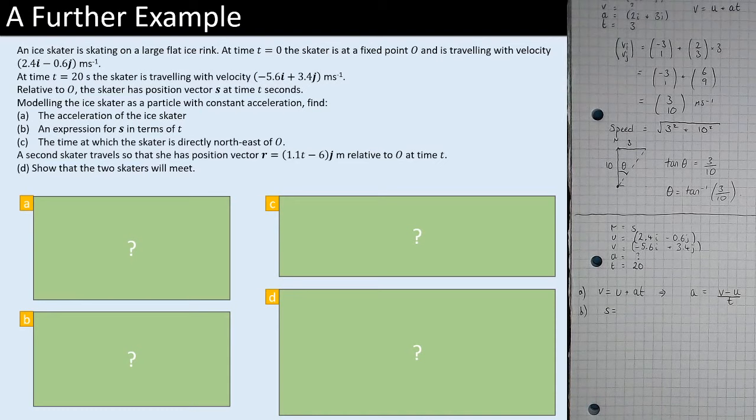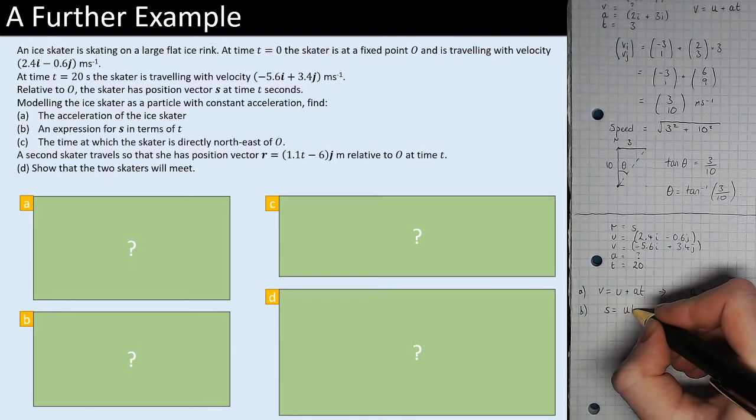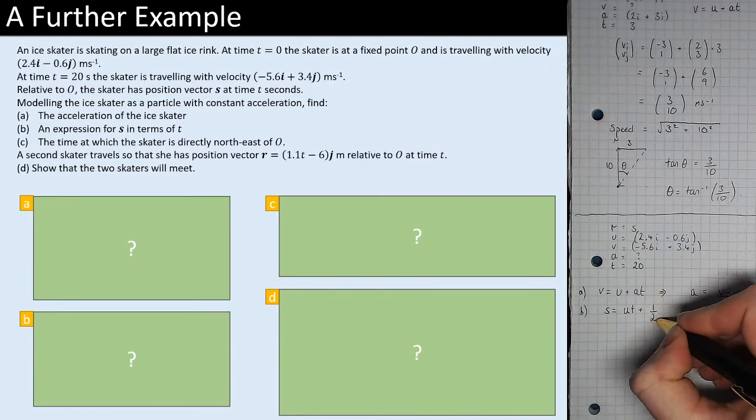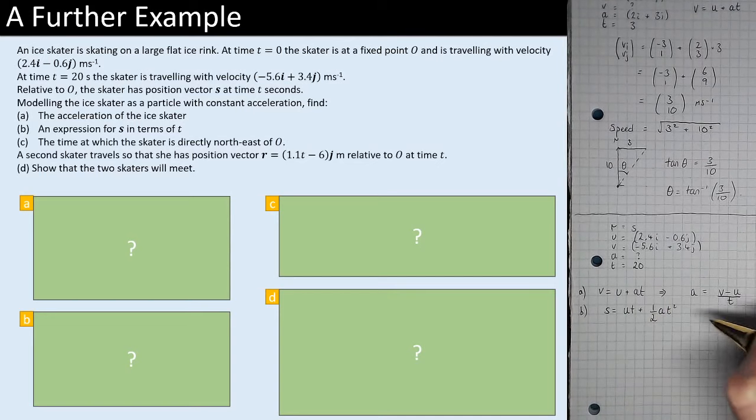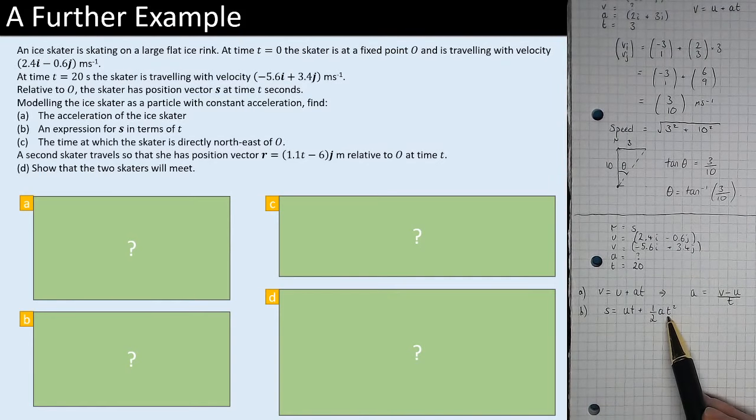We had s equals ut plus half at squared. Now, position vector we can write as s. We had ut plus half at squared. We are allowed to square time, that's fine. So that could give us an expression for s in terms of t.